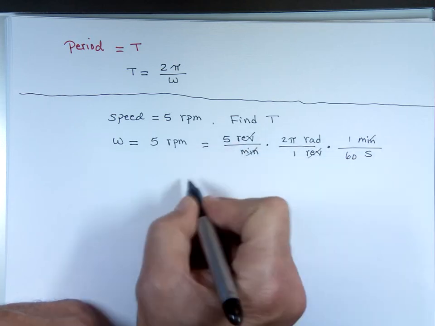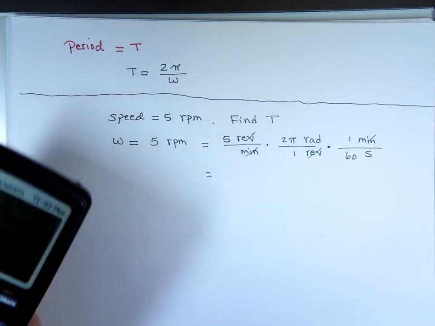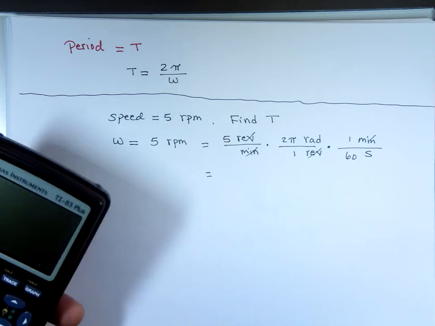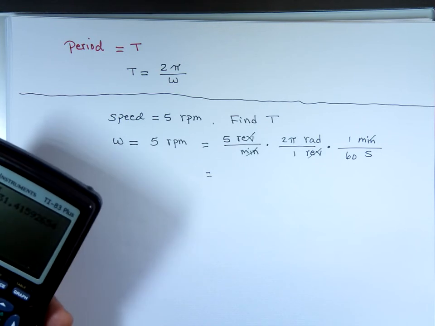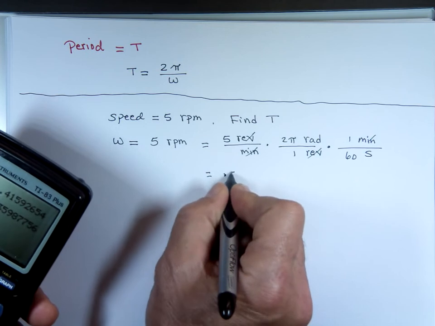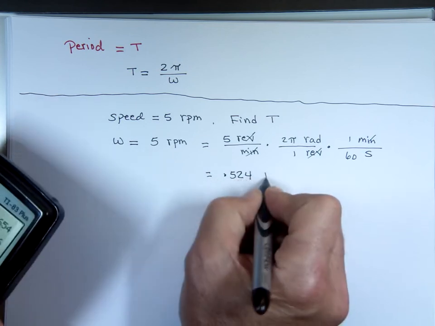So if I do the math, the speed in radians per second, I say speed because velocity is a vector and you have to give it direction. 5 times 2 times pi divided by 60 is roughly 0.524 rad per second.